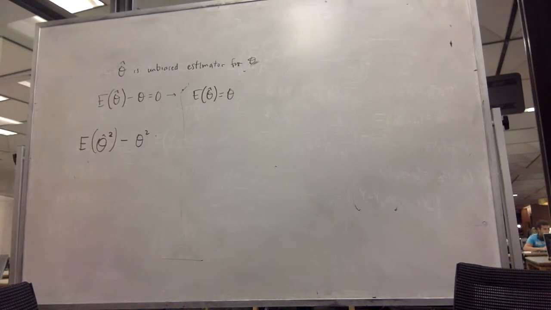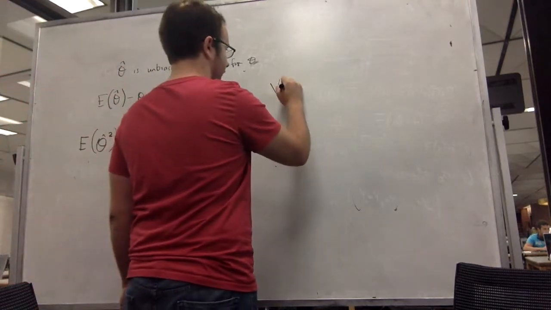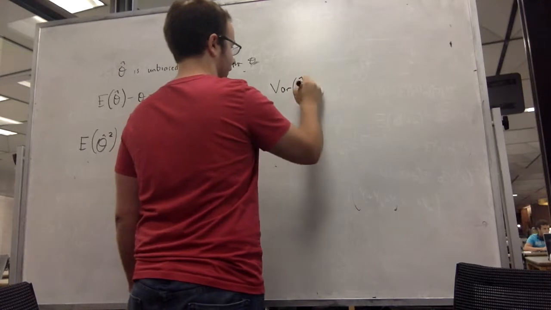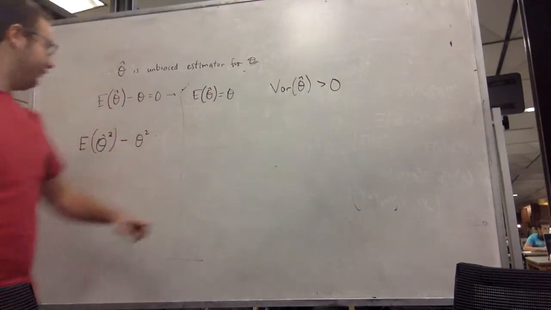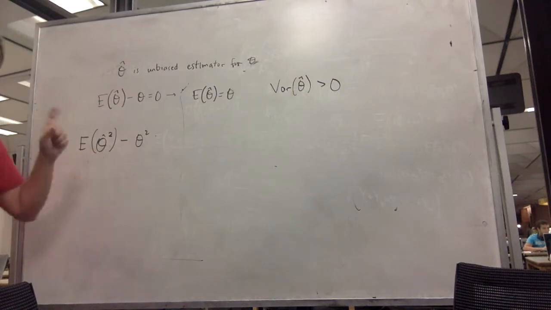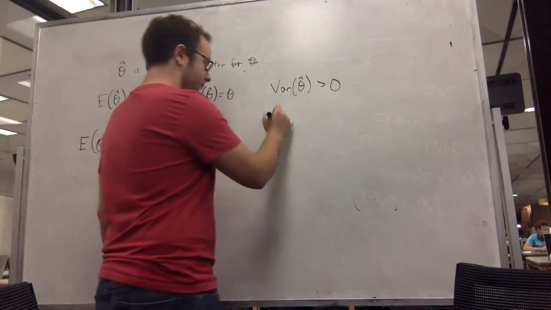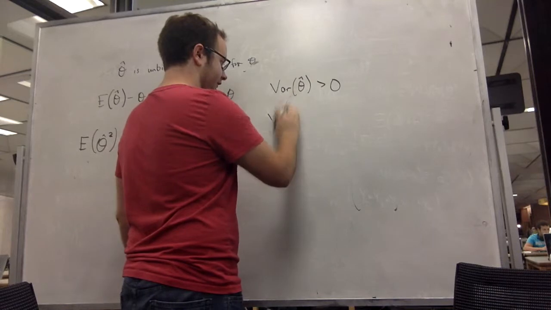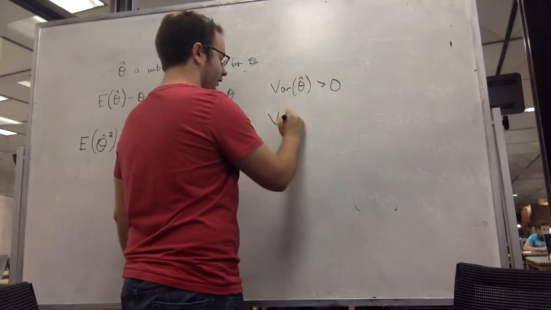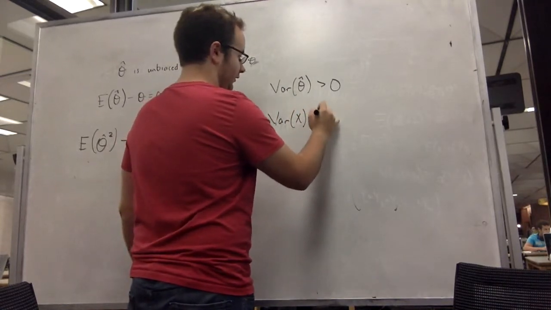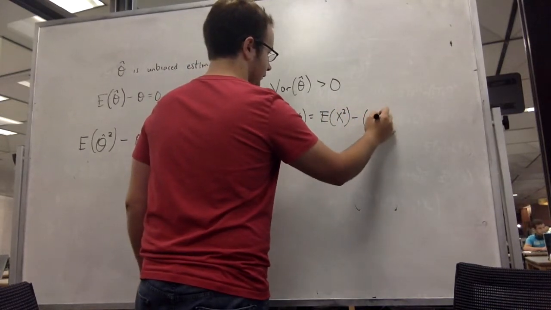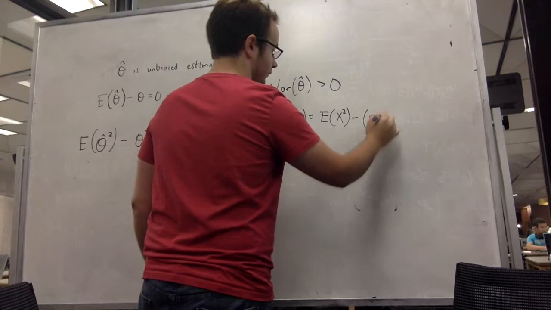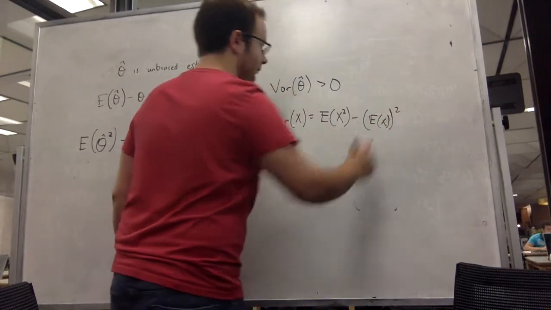They said something about the variance. They said the variance of theta hat is positive. Whenever you see the variance of theta hat and an expected value of theta hat squared, you've got to be thinking of that formula. Variance, VAR of x, is equal to the expected value of x squared minus the expected value of x, squared, right?